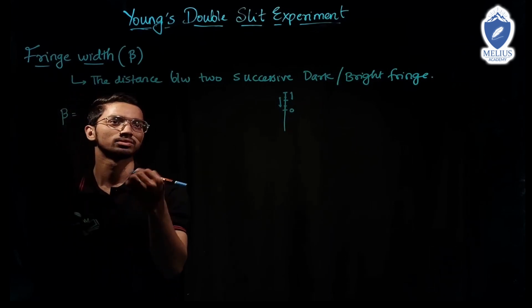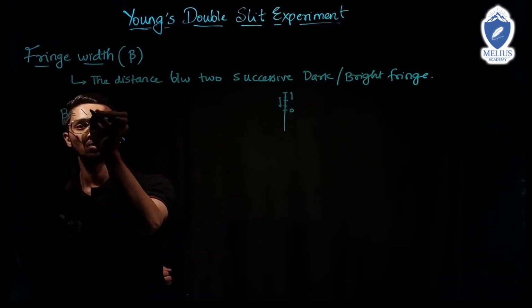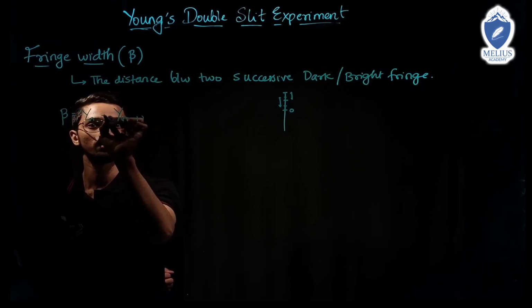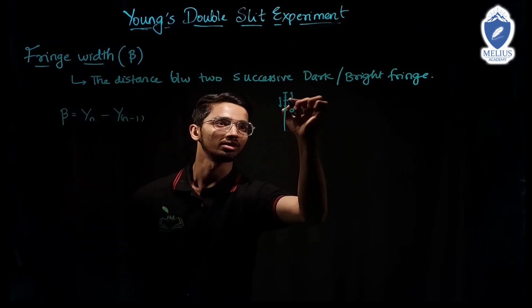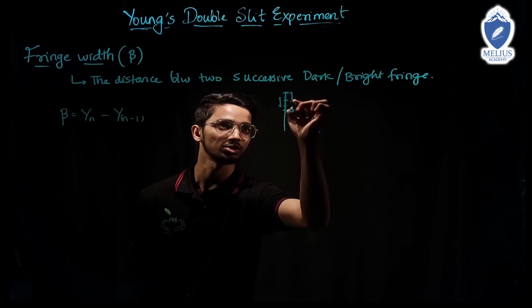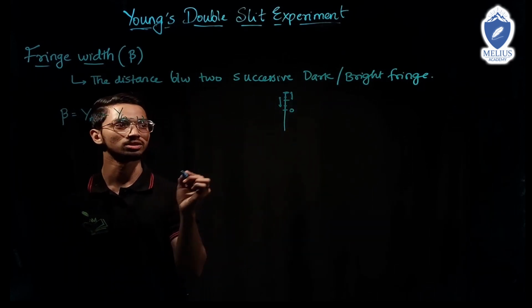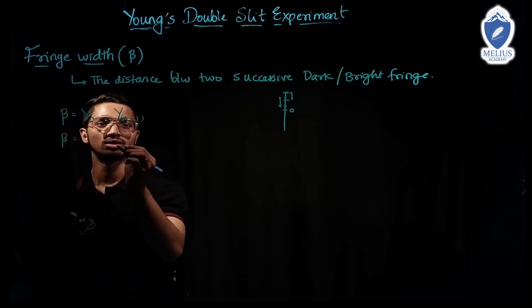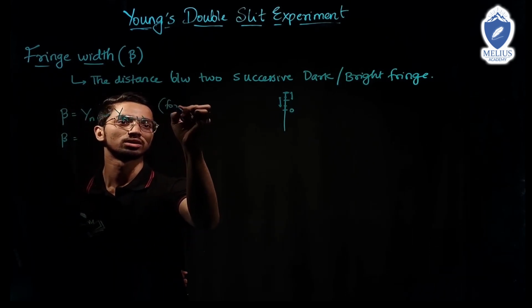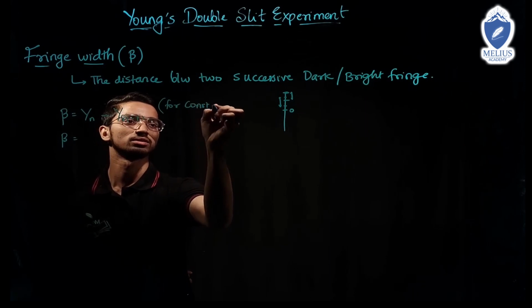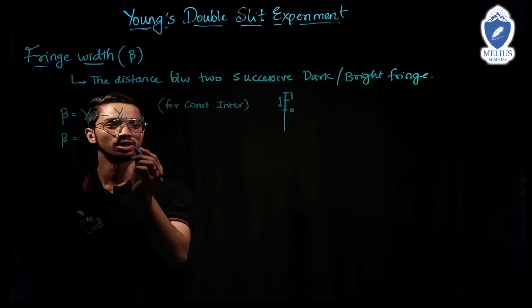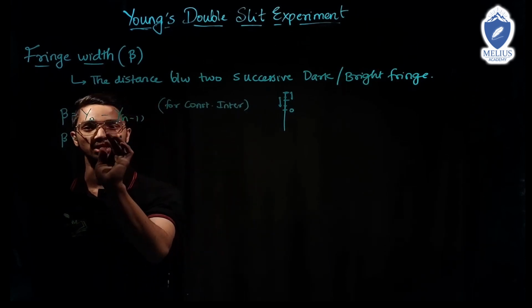Beta will be equal to, what will be the fringe width now? yn minus yn minus 1, right? The distance between these two, right? If I consider this as nth position, this will be n minus 1th position. Okay. Beta will be equal to, what is yn? We studied, let us consider for constructive interference. If you do for destructive also, it will get the same.